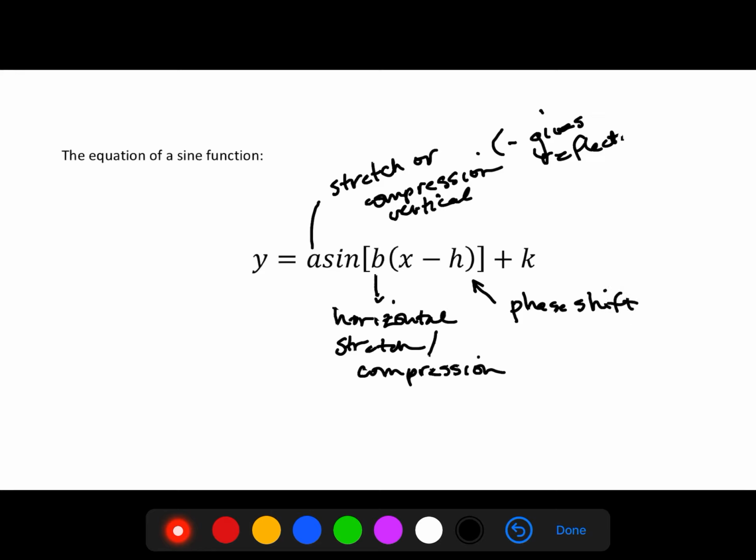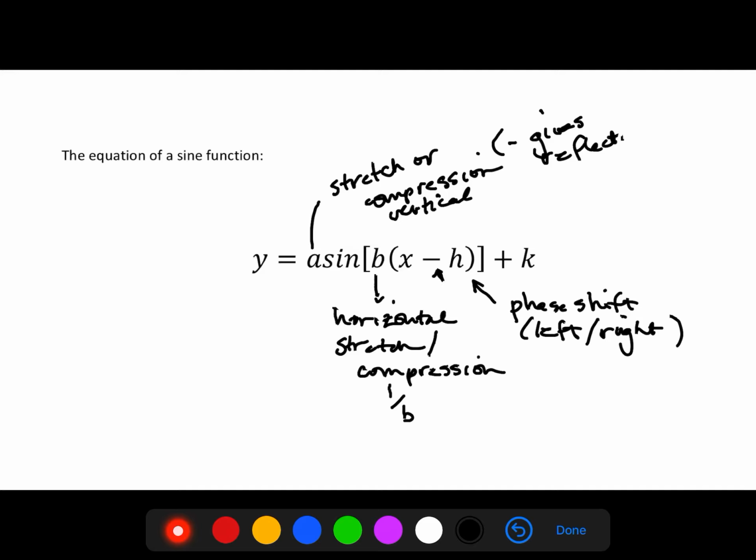Our h in here is our phase shift, and is going to shift our graph left or right. And remember, if it's a minus in here, it is going to shift to the right because we're subbing a positive value in. Shift to the left if we have a negative value.